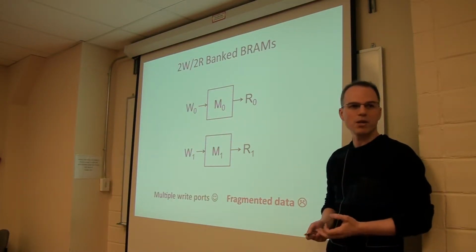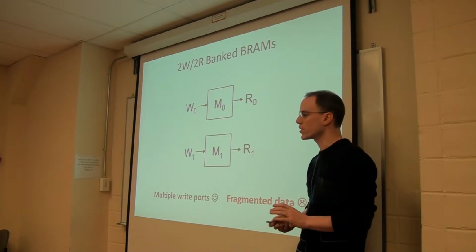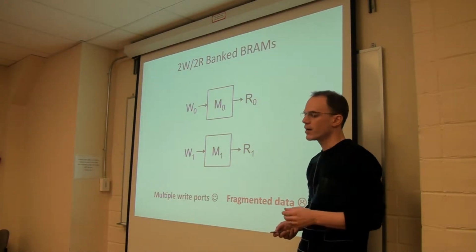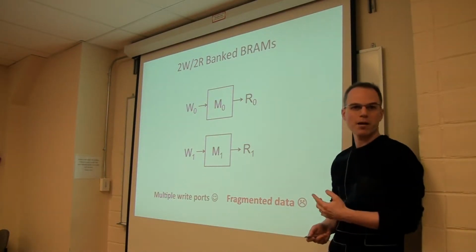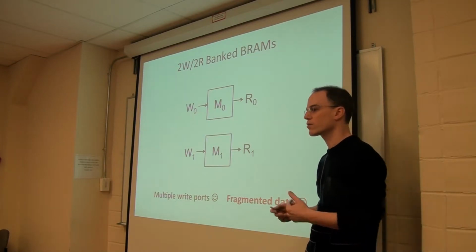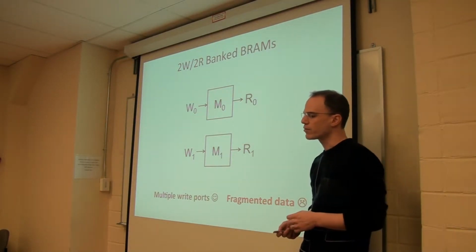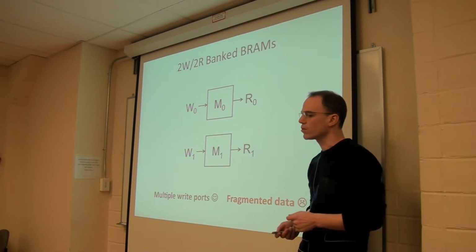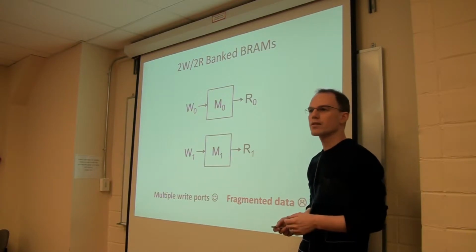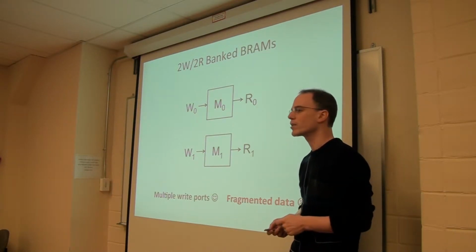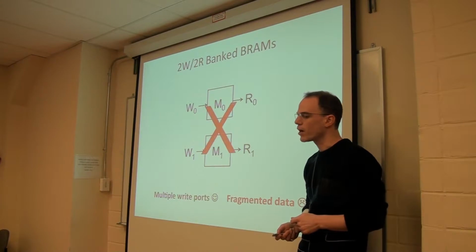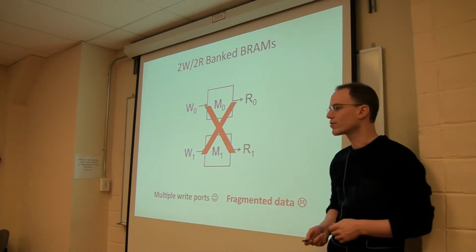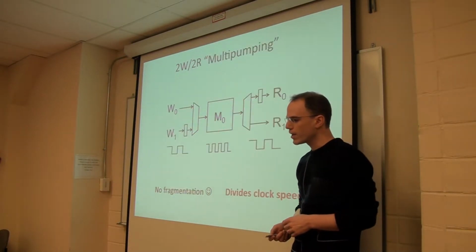Another possibility is banking. If I have 2 separate block RAM banks, I can have individual write ports mapped to each bank and reads also mapped to those banks. However, now the data is fragmented, so it's up to the enclosing design to steer reads and writes to the right places. So this is also not a good solution for what we're looking for.